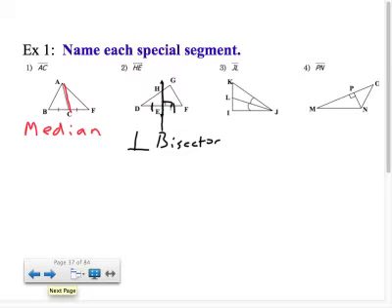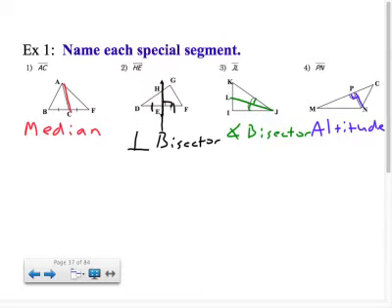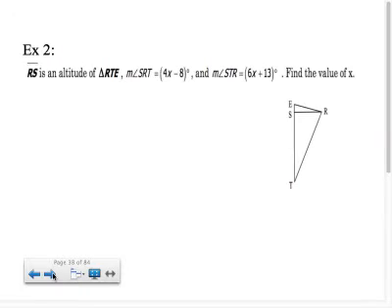Example 3, JL cuts this angle in half. Therefore, it's an angle bisector. And lastly here, NP, since all we know is that it's perpendicular, is obviously just going to be an altitude. So those are the four primary things that we've discussed thus far in Chapter 5.